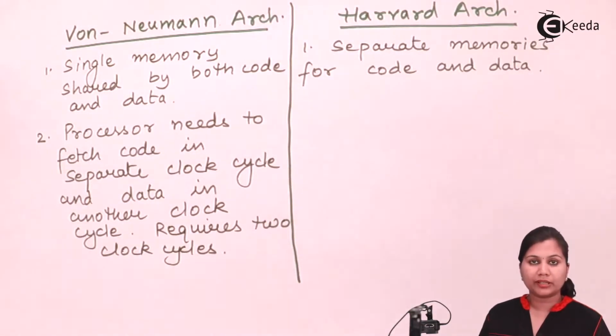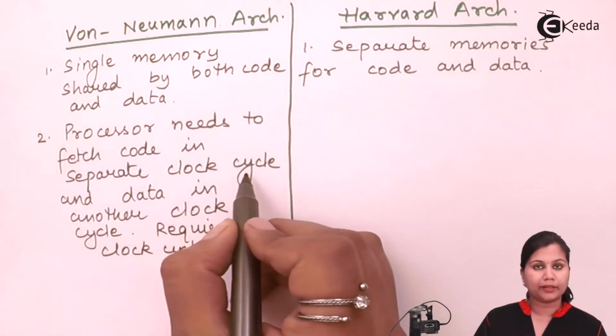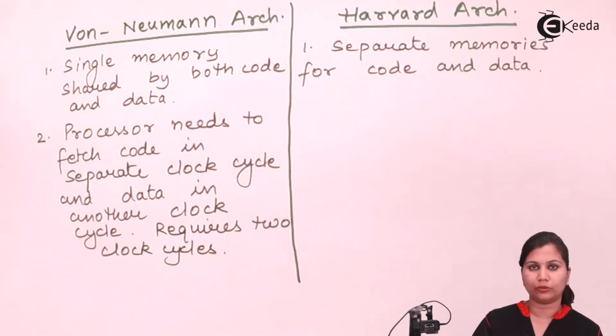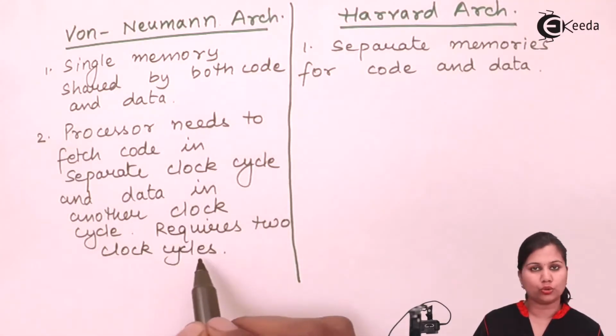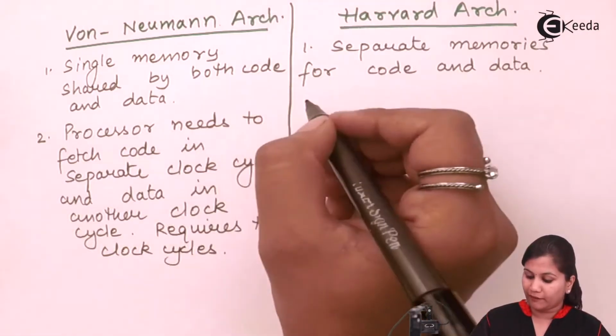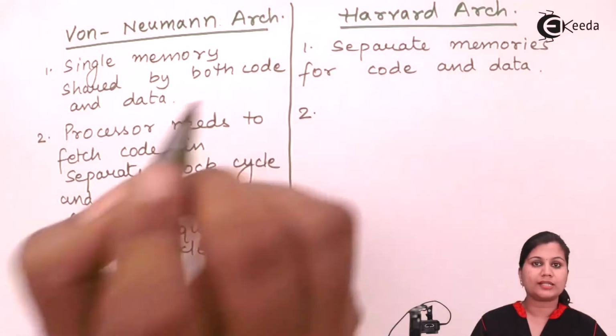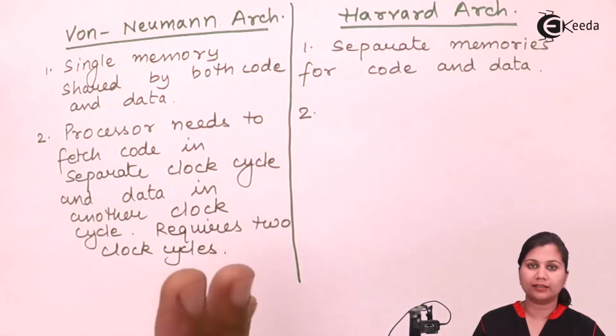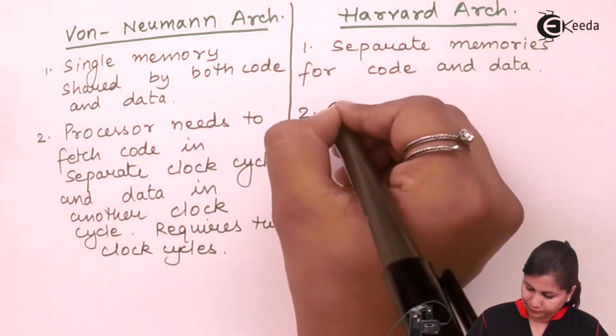So to fetch the instruction there will be a separate clock cycle, and to fetch the data there will be a separate clock cycle. So it requires two clock cycles for the data and for the instruction. Whereas in the Harvard architecture, a single clock cycle can be used to fetch the data as well as the instruction or the code.